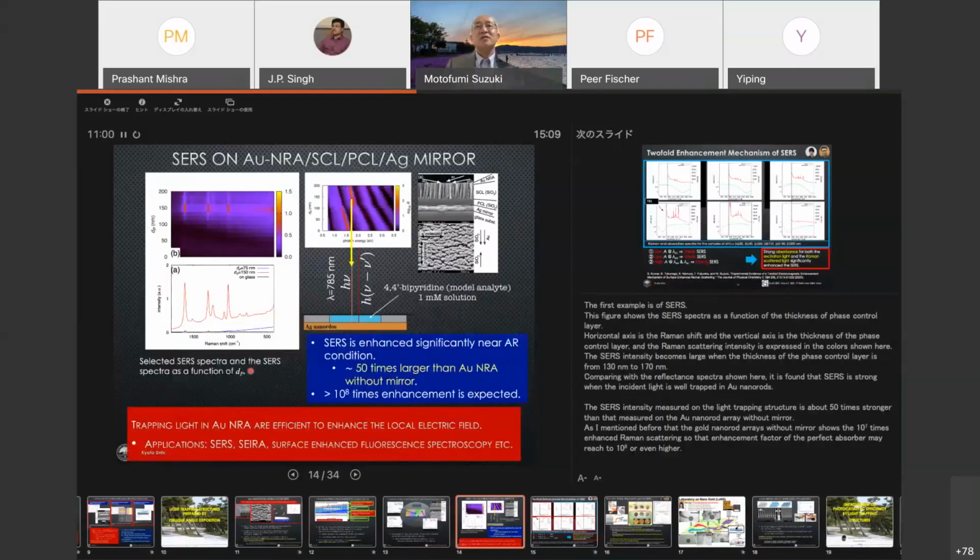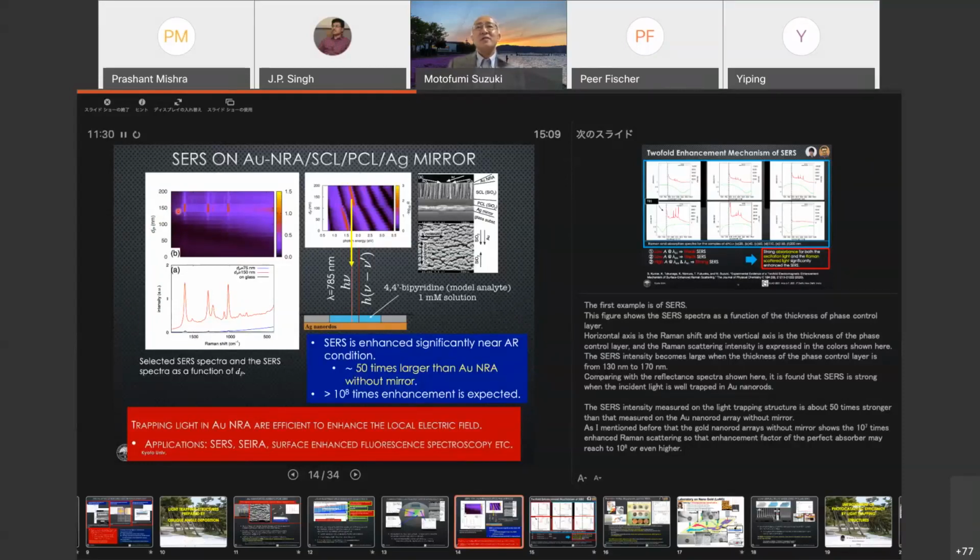The first example is surface enhanced Raman scattering. This figure shows the surface enhanced Raman scattering spectra as a function of the thickness of the phase control layer, the SiO2 layer. Okay, the horizontal axis is the Raman shift, and the vertical axis is the thickness of the SiO2 layer, and the Raman scattering intensity is expressed in the colors shown here.